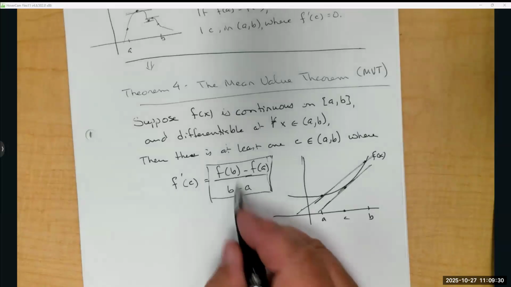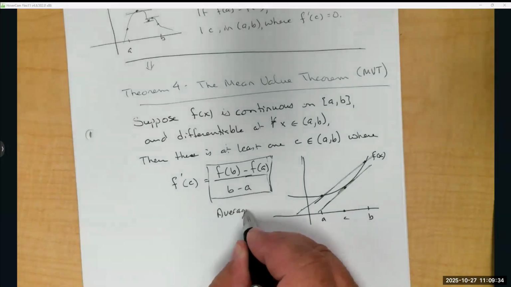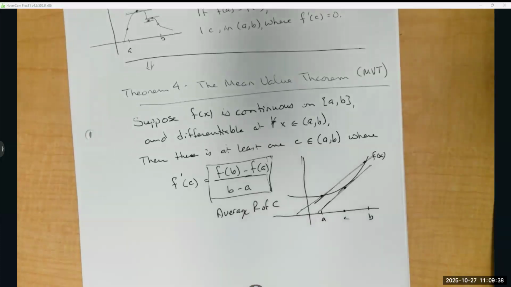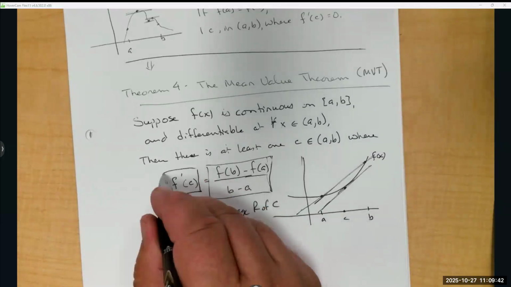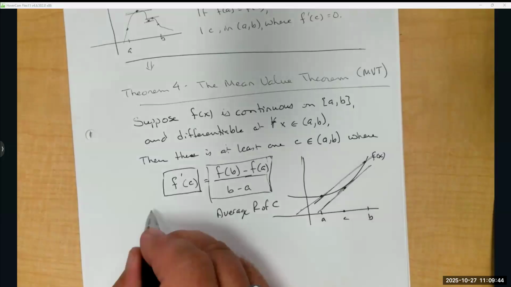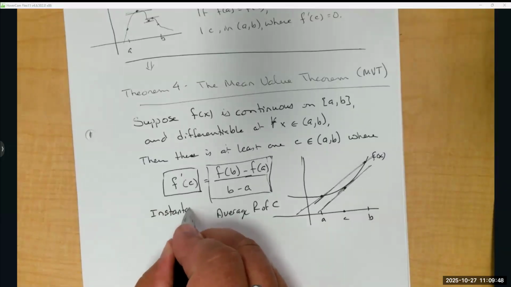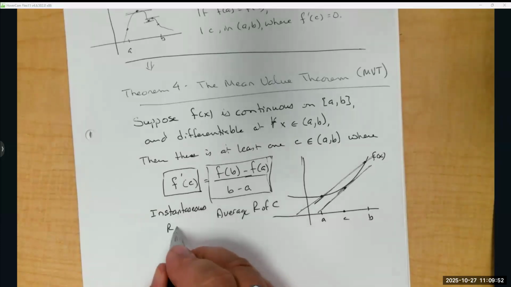It's an average because it's a fraction, right? And we also learned that the derivative happens at 1 point, so that one is an instantaneous rate of change.